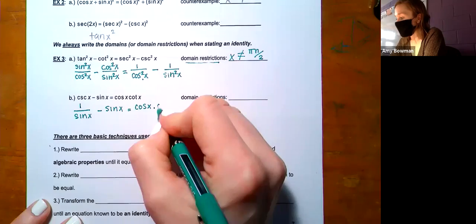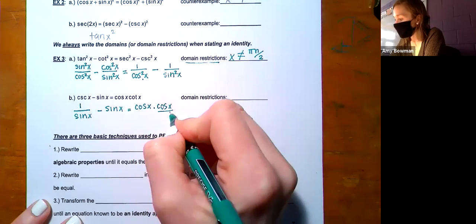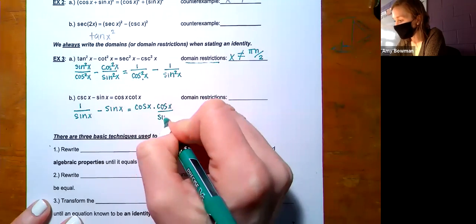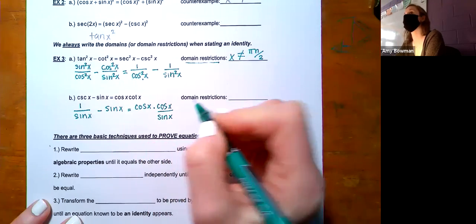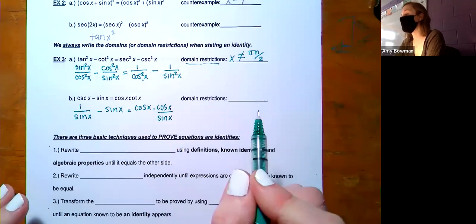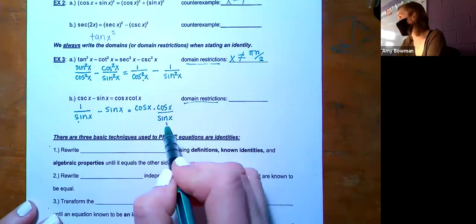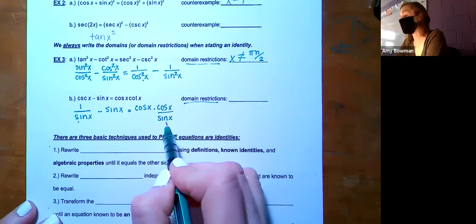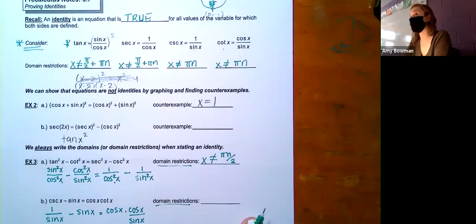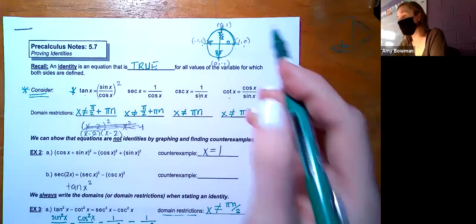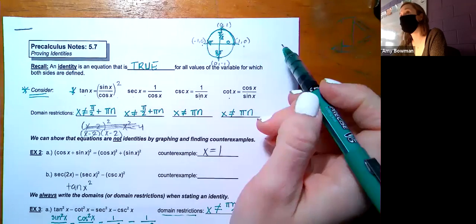Cosine over sine. Okay. So all I've done is just rewritten cosecant and cotangent in terms of sines and cosines. My domain restrictions on this are just coming from the denominators when sine of x equals 0. So my restrictions here, I'm only focusing on when sine of x equals 0, which is my y values.